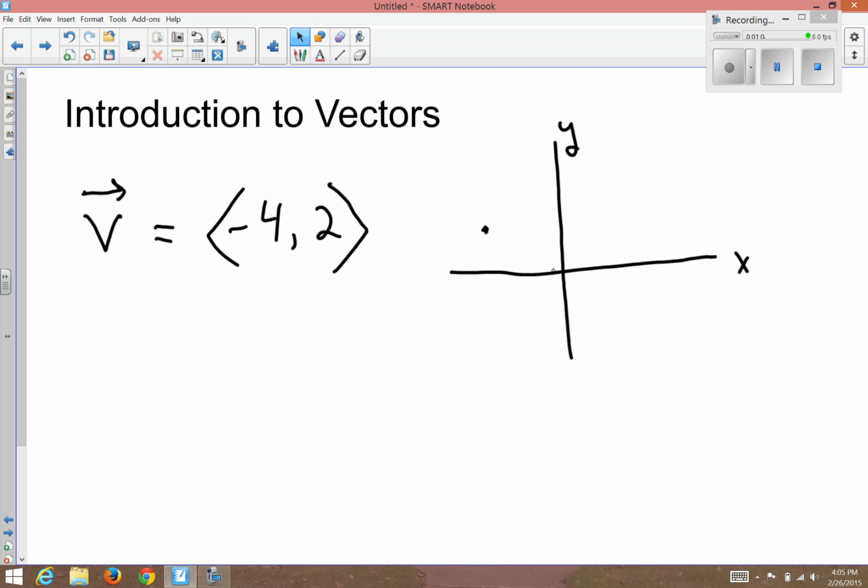We draw an arrow from the origin to that point. So I'm trying to make this straight. This is a vector starting at 0, 0. And the head of the arrow is right at the point -4, 2.